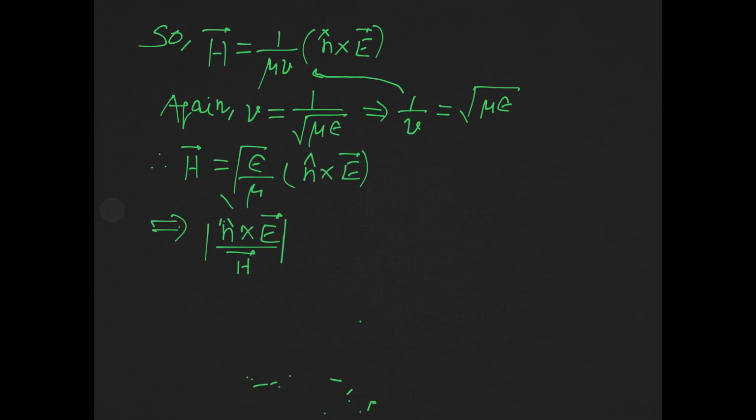We have to put 1 over v equal to root over mu epsilon. So this is actually equal to, yes, that is correct, and this will be now equal to square root of mu over epsilon.